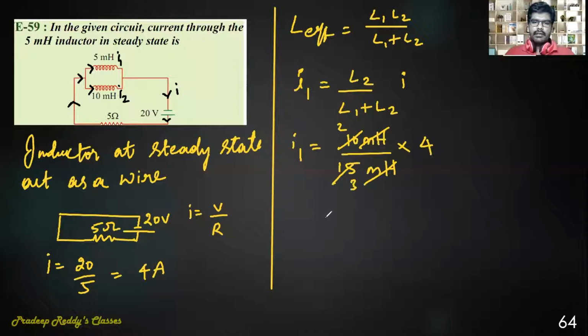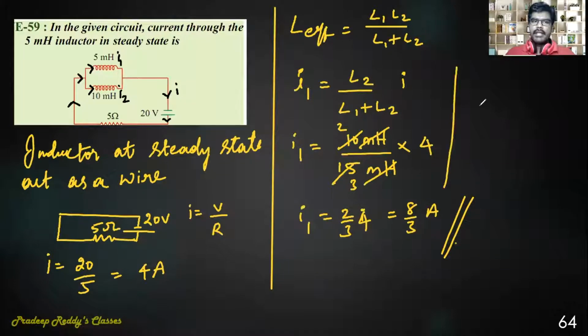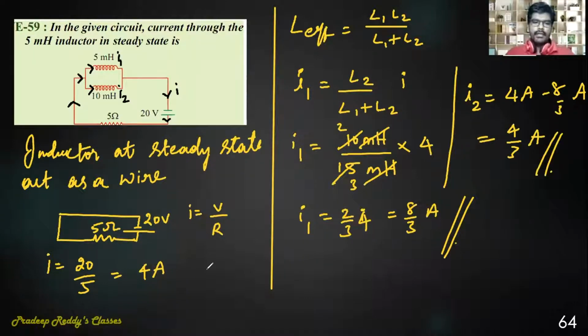So I1 will be equal to 2 by 3 times 4. It is equal to 8 by 3 ampere. So the current entering this 5 millihenry is 8 by 3 ampere. Likewise, you can calculate the current entering this 10 millihenry. So current I2 can be written as 4 ampere minus 8 by 3 ampere, which is 4 by 3 ampere.